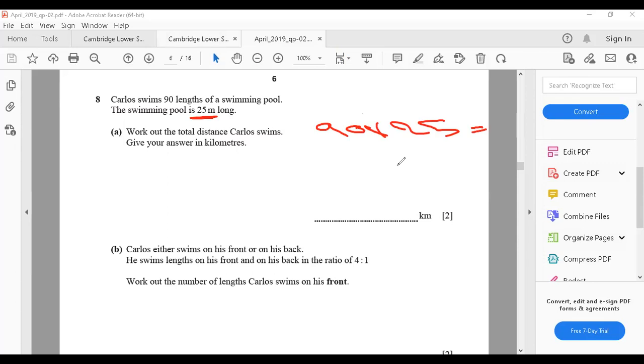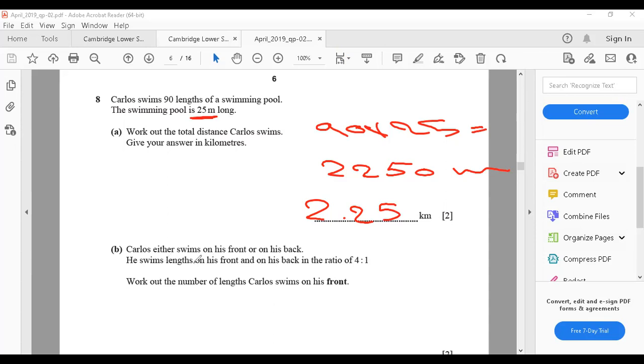This is equal to how many kilometer? It will be divided by 1000. So it will be 2.25 kilometer. Do you understand this part?